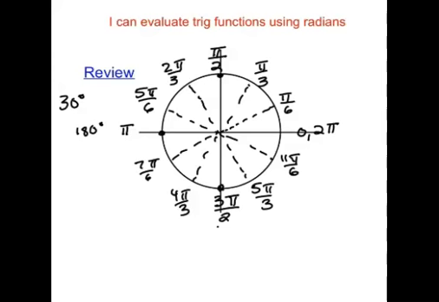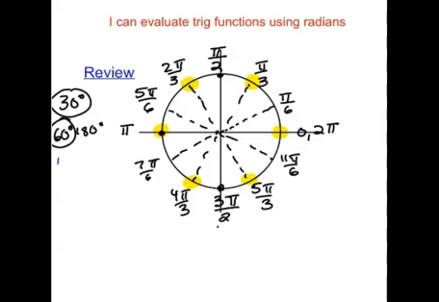If we divided it into 60-degree chunks, that would be dividing the top into thirds. So we start at 0, then we go 1/3, 2/3, 3/3, 4/3, 5/3, back to 6/3 or 2.